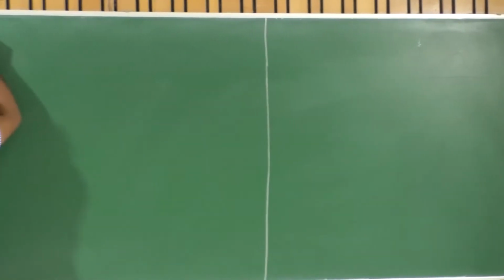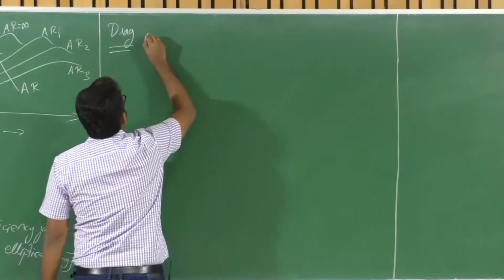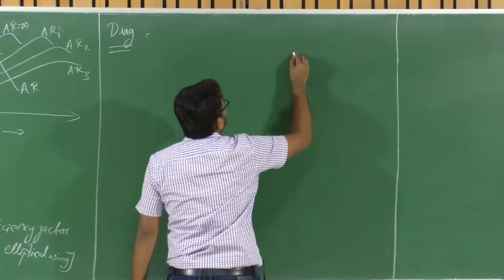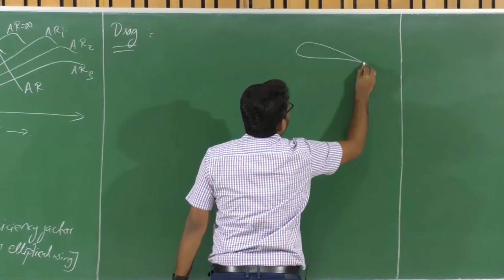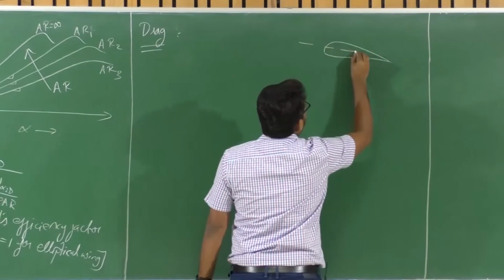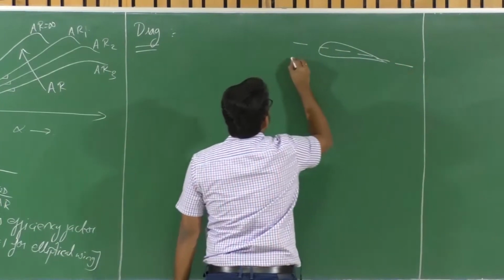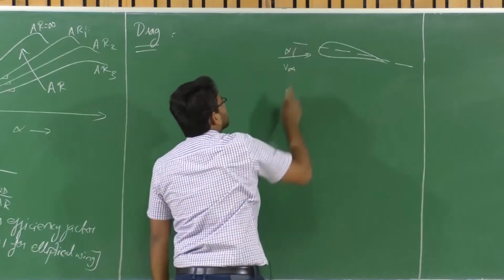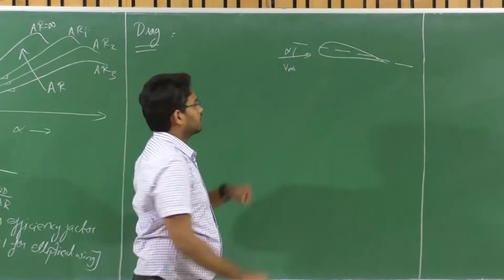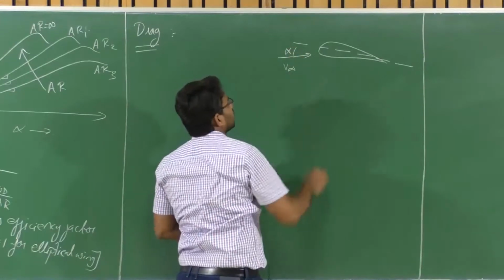So we know drag. Right. So do you remember? Due to the resultant pressure distribution, when we consider an airfoil in the flow which is inclined at an angle of attack alpha, right?